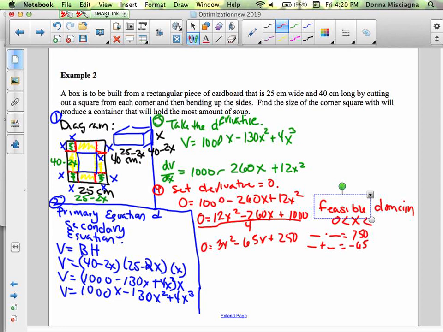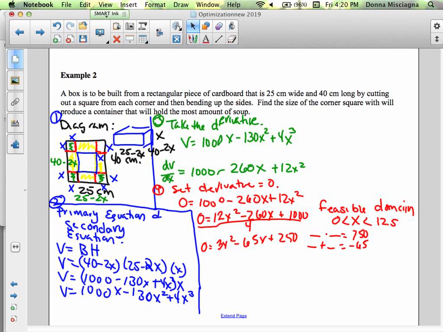But it has to be less than, can't even be 25, right? It actually has to be less than 12.5. Otherwise, 2 times 12.5 gives me 25, and I will have cut the entire side off the piece of paper, right? So we know it's got to be in between that range, and what we got was utter nonsense.